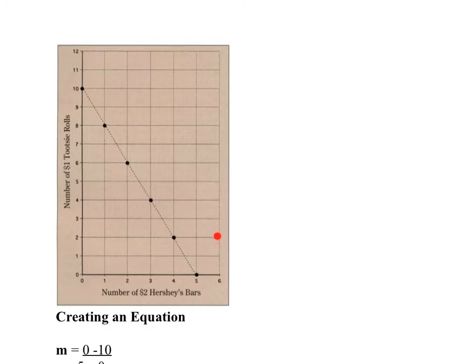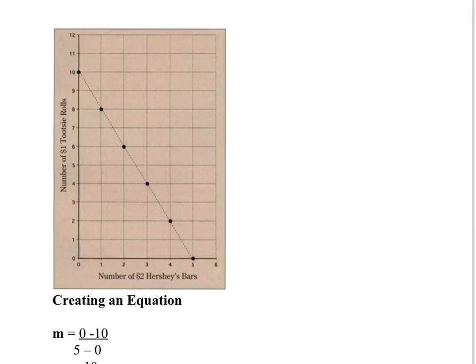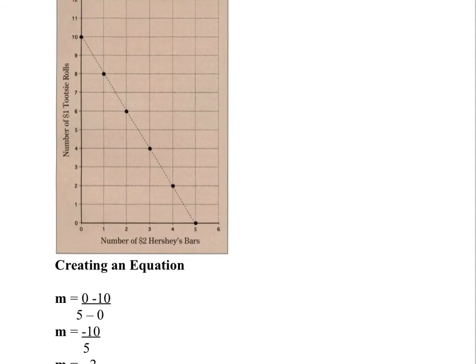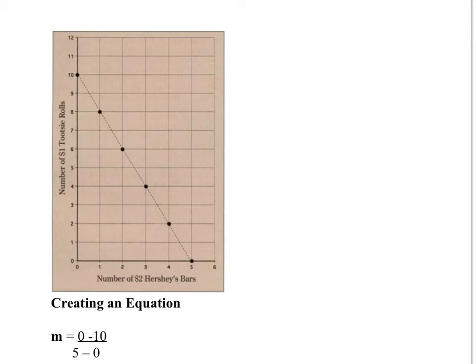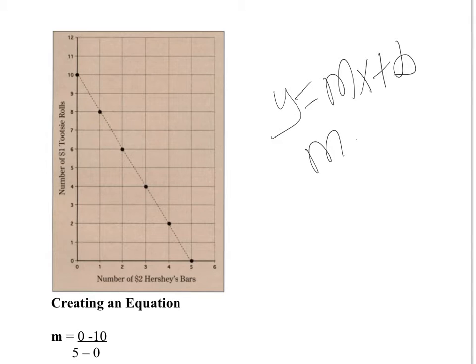Well, after they were able to get the graph, then they were charged with creating an equation. So as they looked at the actual equation and what they were going to do to create it, they knew that they had to do something with slope. If we were looking at an equation, we were looking at y is equal to mx plus b. So we have to find out what is m, and we also have to find out what is b.